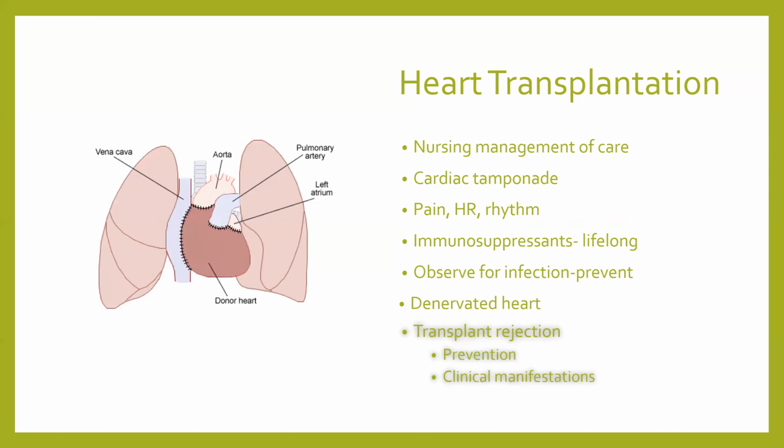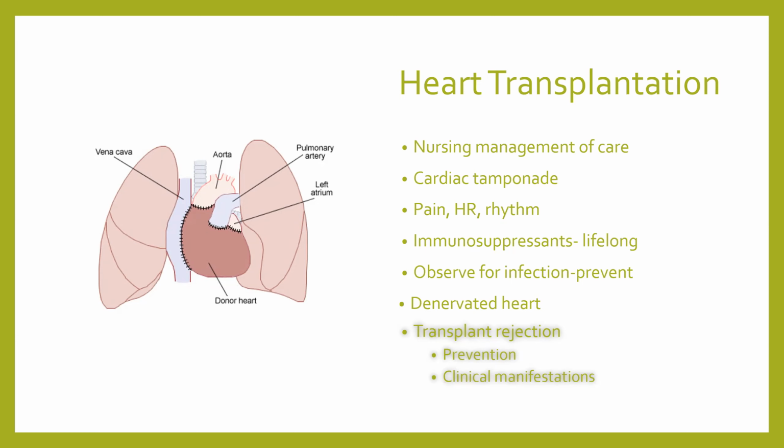A normal heart, remember, is 60 to 100. But this happens because the vagus nerve, also part of the autonomic nervous system, is severed, and that usually helps us to slow down our heart rate. When we don't have it attached, these nerves don't regenerate, so we'll have these issues with heart rate being higher. So that's expected, and we see that.